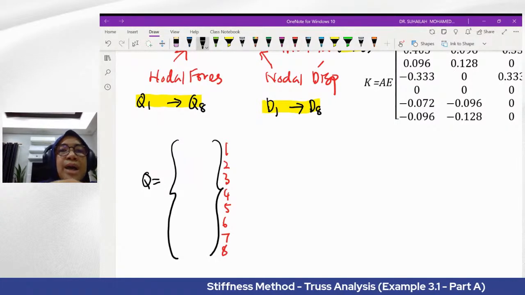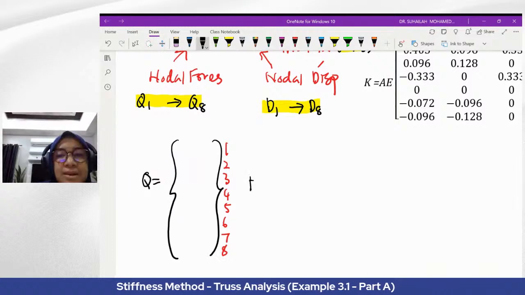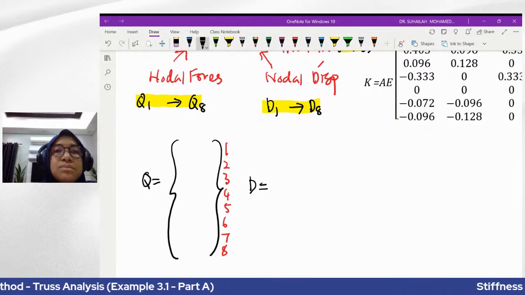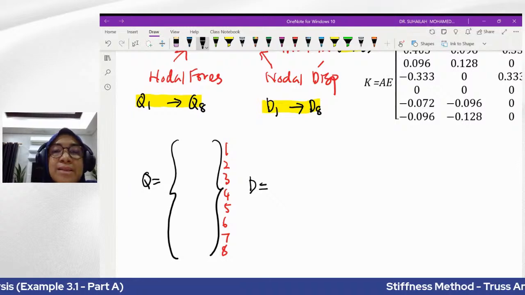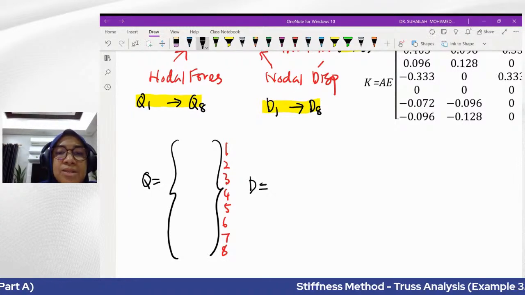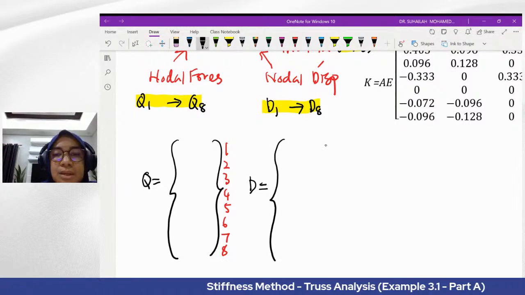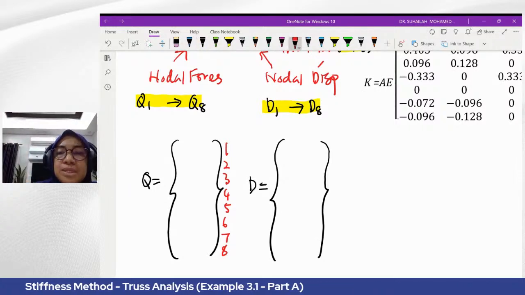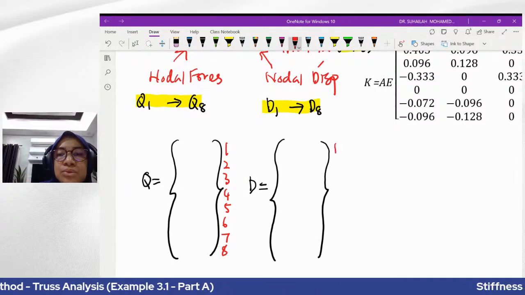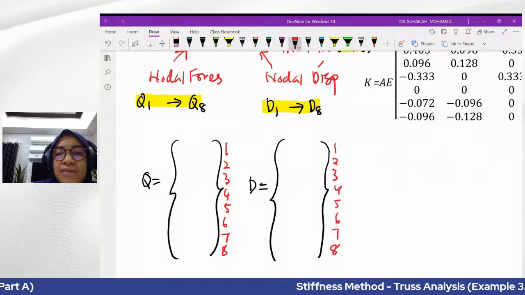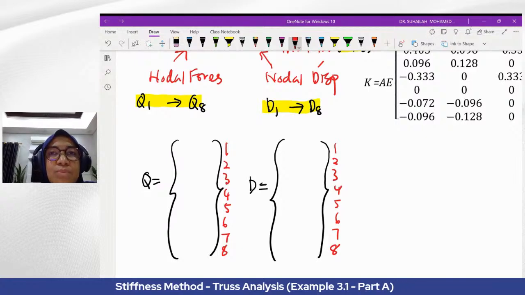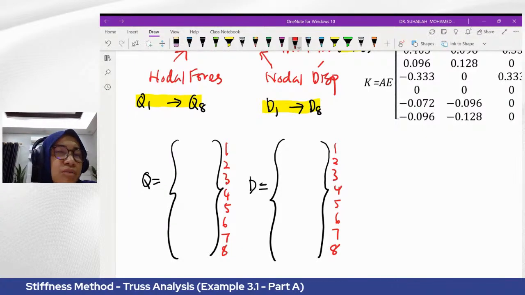The number of positions comes from the number of degrees of freedom.